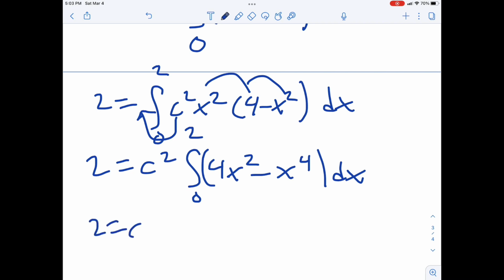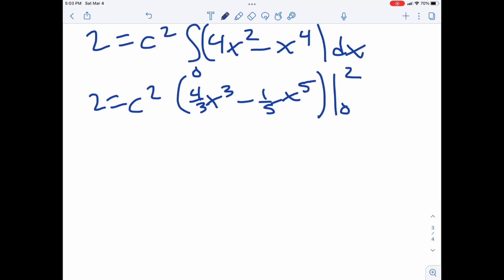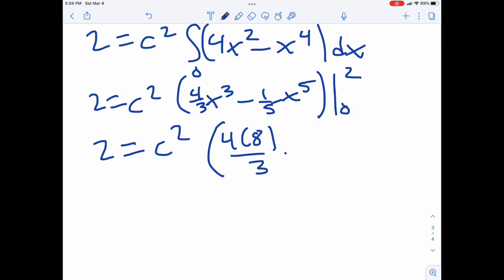So 2 equals c squared times 4/3 x cubed minus 1/5 x to the 5th, from 0 to 2. So 2 equals c squared times 4 times 8 divided by 3 minus 1/5 times 2 to the 5th, which is 32. And then minus 0, because if you plug in 0 to these values, you'll just get 0.